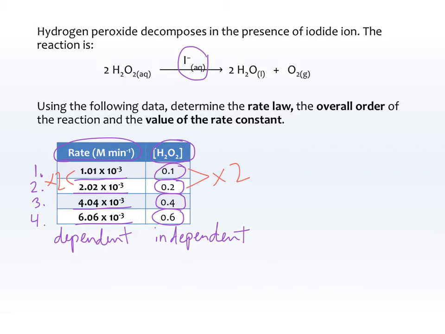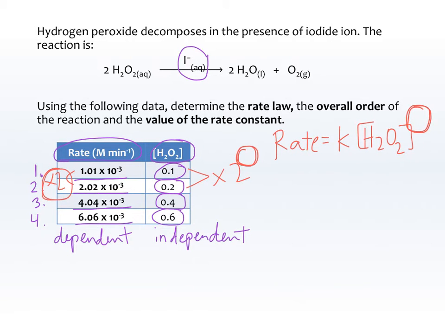So, the rate law is always in the form rate equals k times the reactants. But the reactants are frequently raised to some exponent or some power. That exponent has to be equal to the rate change. So what exponent does this concentration change have to equal the rate change?